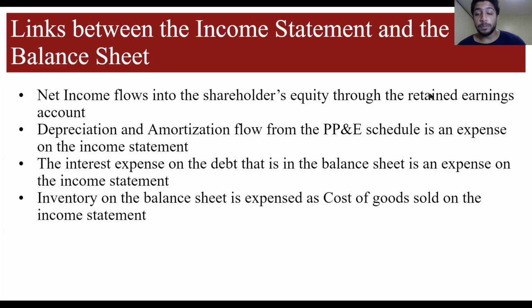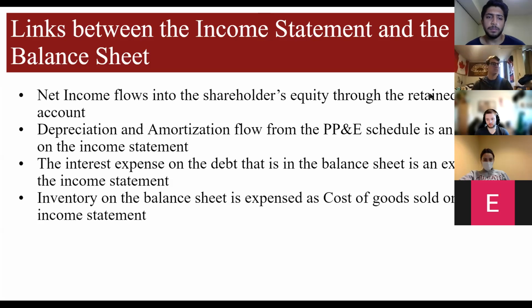So PP&E is property, plant, and equipment. It is an account in which we account for any machinery or any factory or any physical capital that the company has. So it's usually large, like a factory or machinery or stuff like that. So the depreciation is on the income statement.